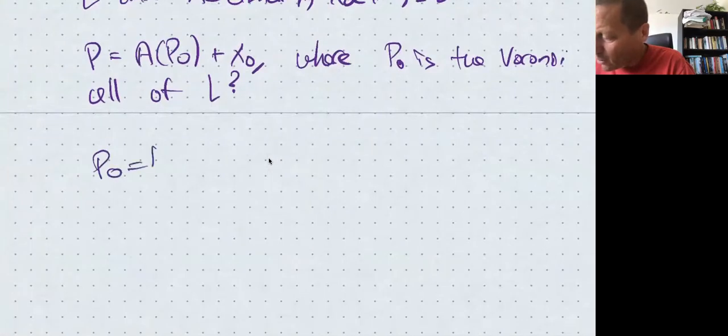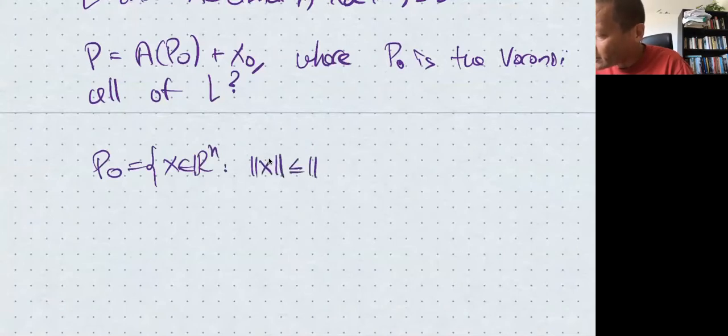P0 is the set of all x in Rn, the set of points which are closer to the origin than to any other point in the lattice.